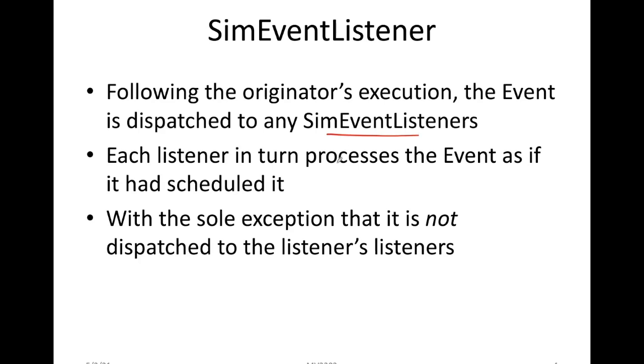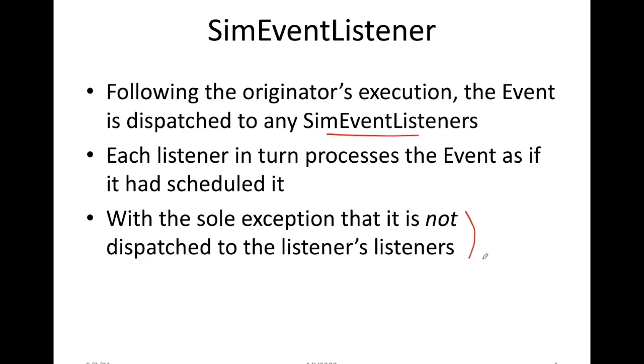And each listener, in turn, processes the event as if it had scheduled it. The only exception is that if a component hears an event, then it doesn't dispatch it back to its listeners. In other words, if it hears an event, it will process it, but it stops there. And that's what's been going on since the simple server. That's what happened with the arrival event, and the arrival process would trigger the arrival event in the simple server. So what was happening there? Well, the arrival process was scheduling the sequence of arrival events.